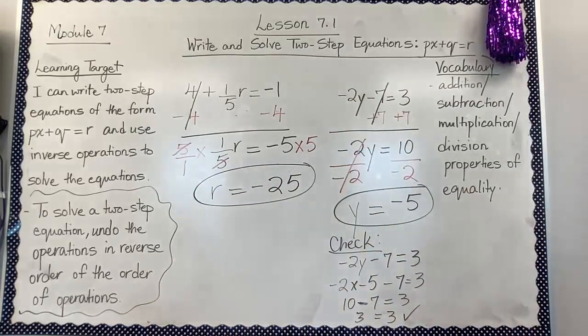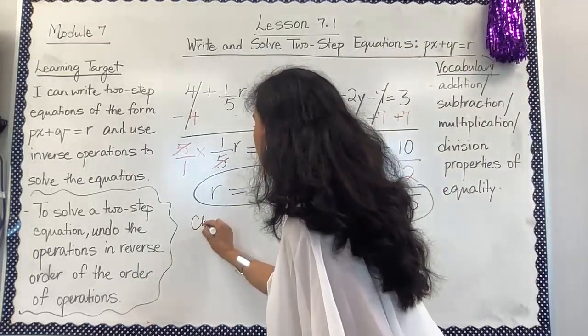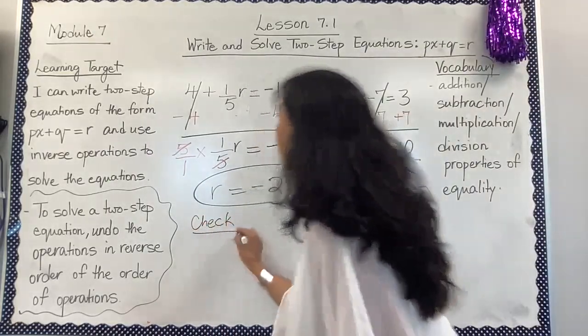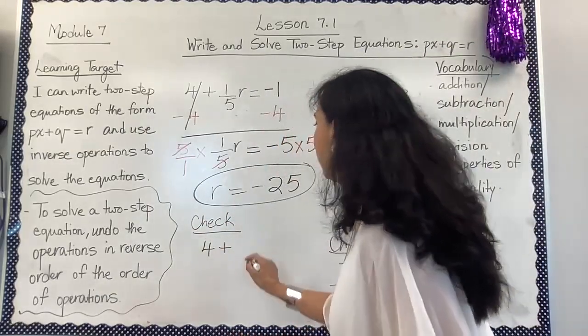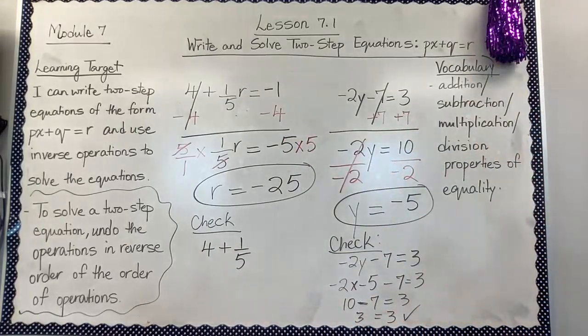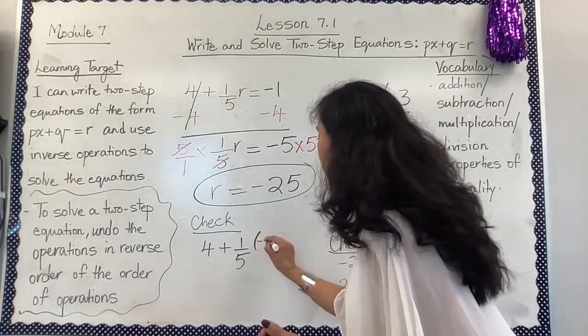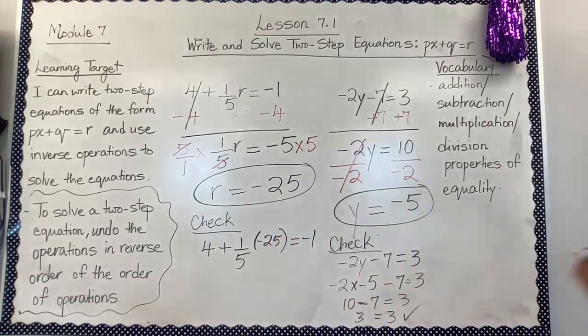All right. In order to check your solution, all you do is substitute the value into the original equation, which was 4 plus 1/5 r. And what have we found r to be? -25. It should equal -1.